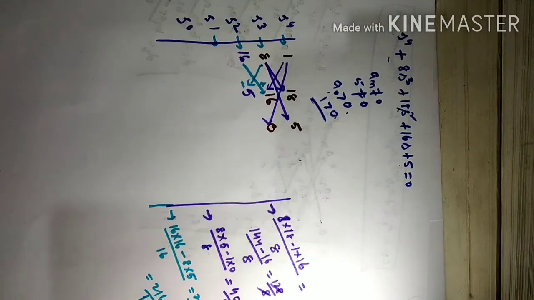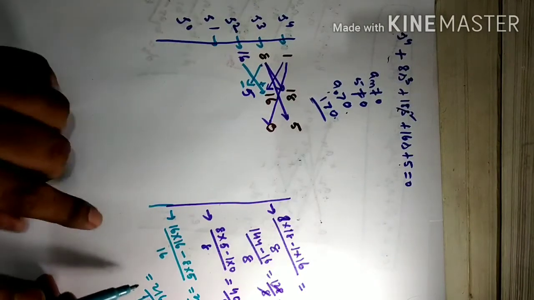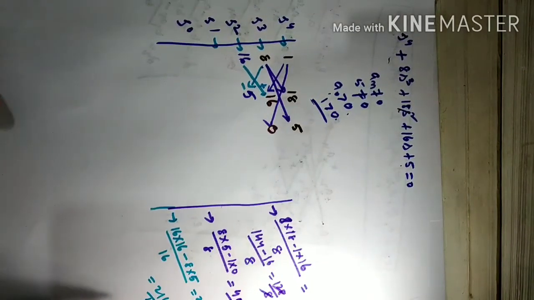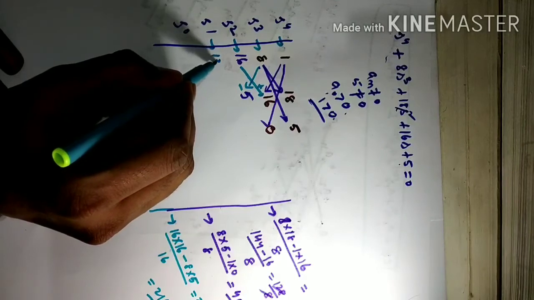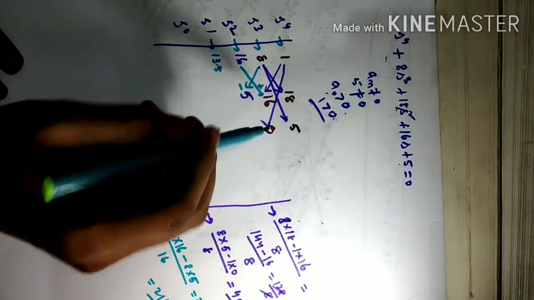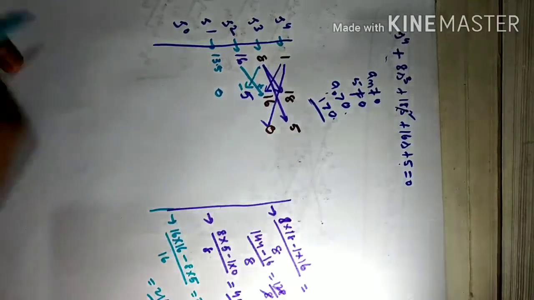So here we find that 216 divided by 16 is 13.5. So we get 13.5 here. Further, if we do, it becomes 0.